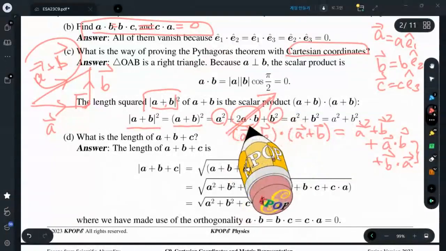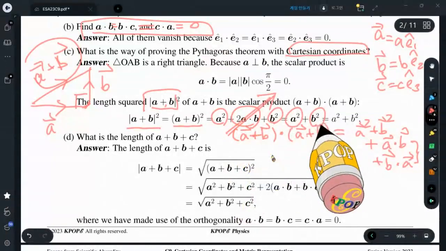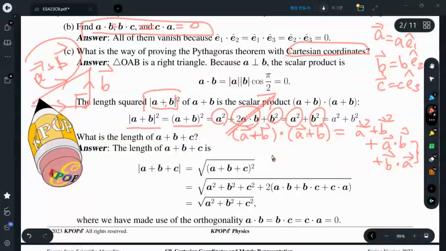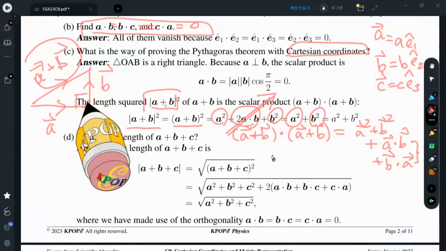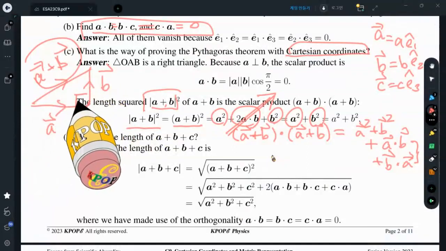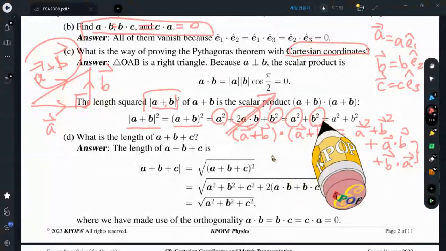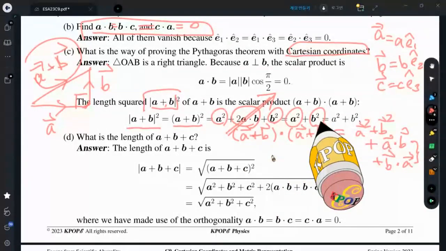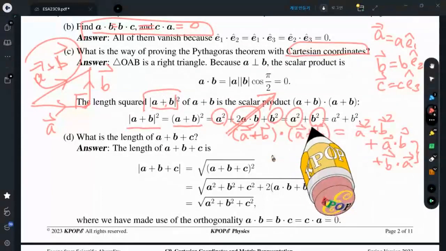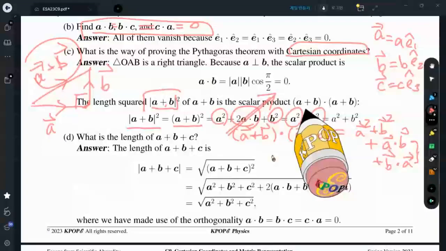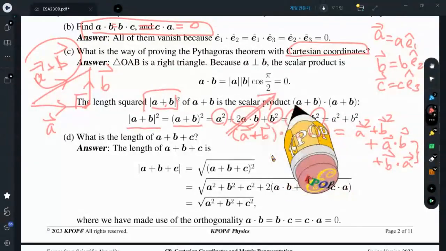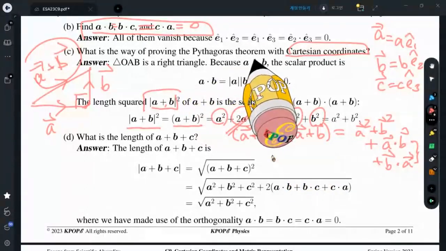term vanishes. Therefore, we have found that the magnitude of the hypotenuse of this triangle is the square root of A squared plus B squared. This is the Pythagoras theorem. So a trivial algebraic calculation reproduces Pythagoras theorem.